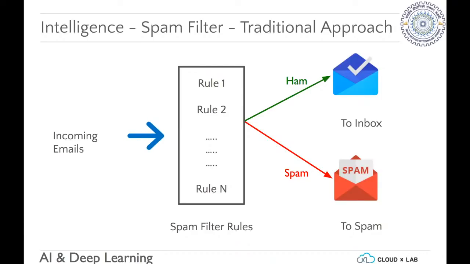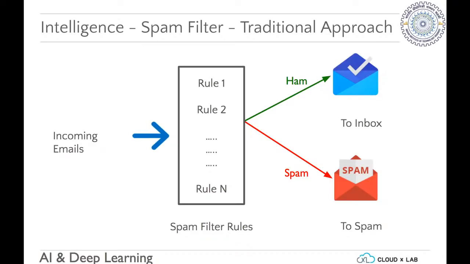So it's a very common technique. For example, if you think about your telecom network, they also keep on creating these rules that if the person has called for this much time, then do this and so on, right? This is how the traditional approach looks like.